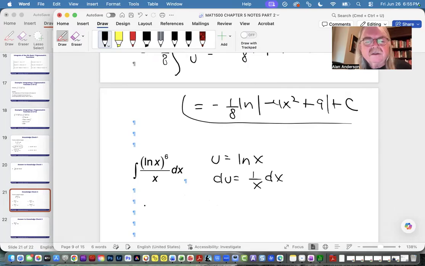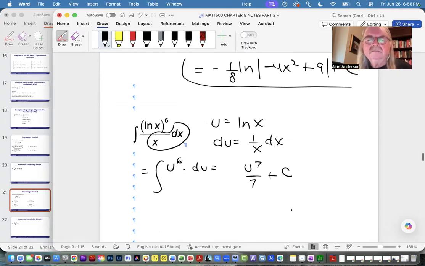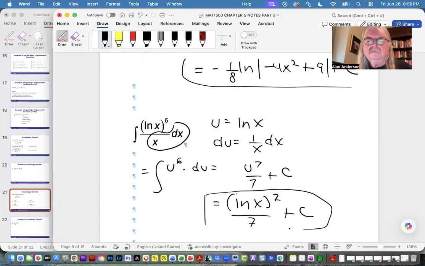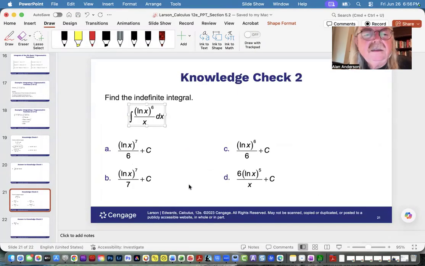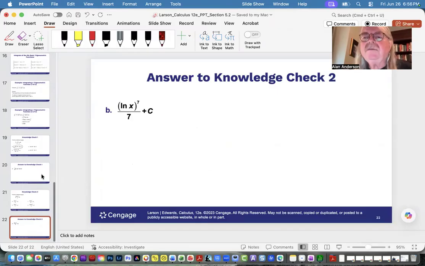Yes, it looks like it because that means I just have u to the sixth, and these two give me my du. All right, that would be B. All right, nice. Okay, so that was kind of our look at integration of logarithms.